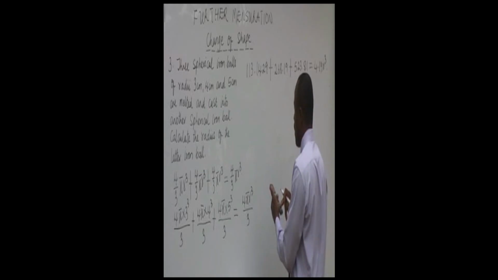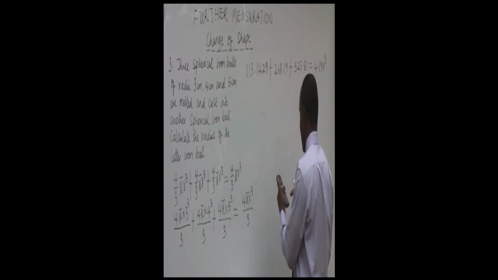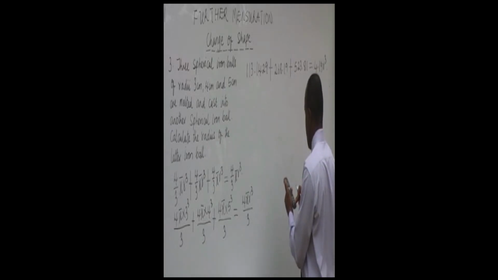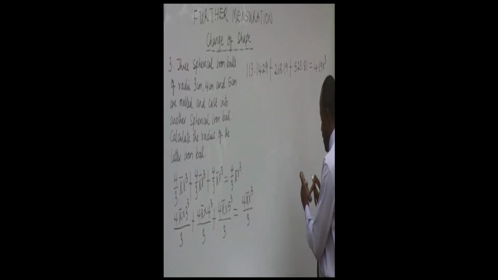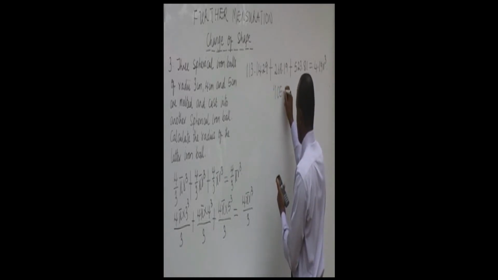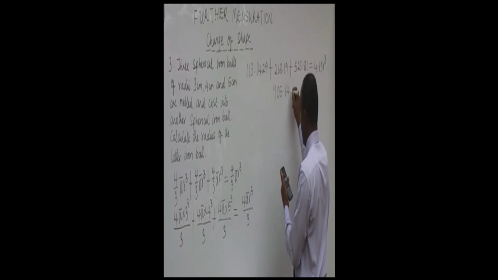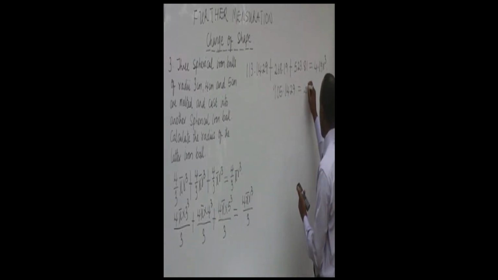Let's start from here. 113.1429 plus 268.19 plus 523.81 is giving me 905.1429, which is now equal to what we have here, 4.19 r cubed.